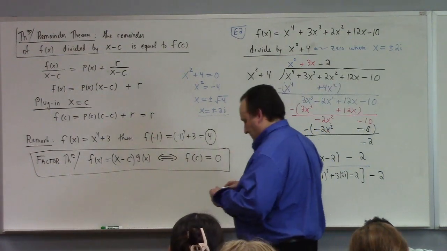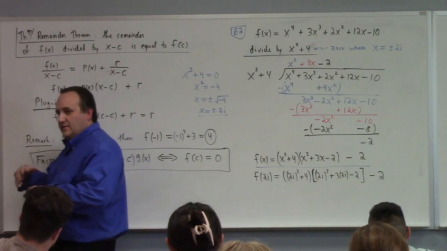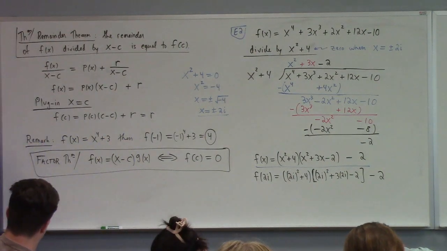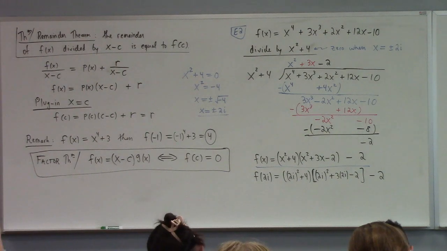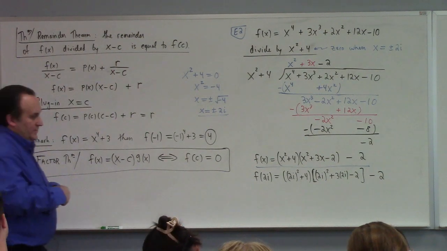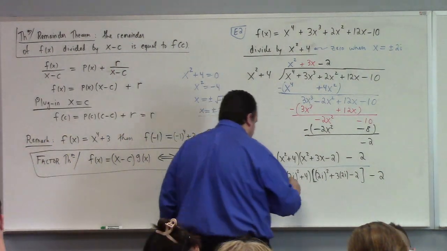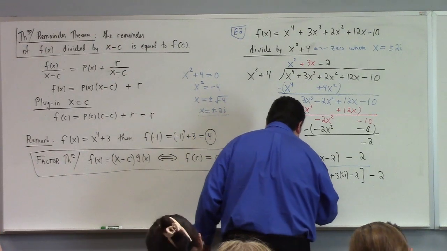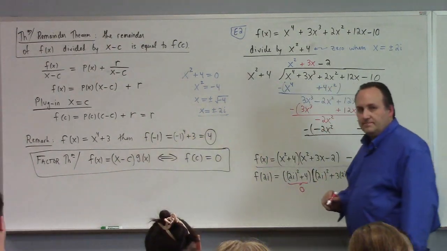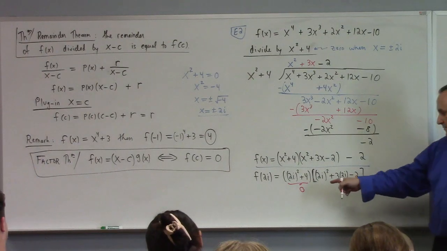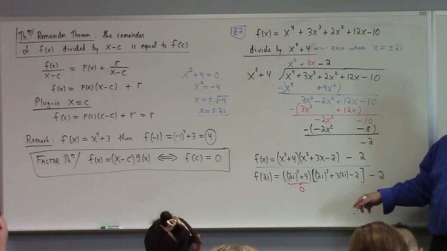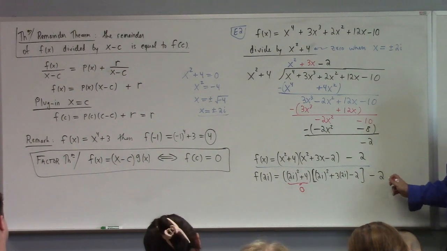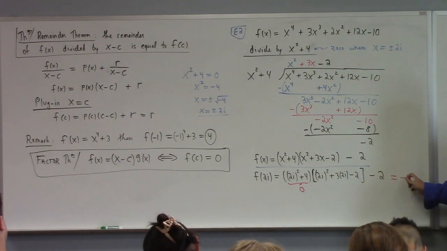Why? What did we just get done saying? We just got done saying x squared plus 4 is equal to 0 when x is plus or minus 2i, right? So this right here is 0. I don't care what this is. 0 times it is 0. And so the answer here is negative 2. That's right.